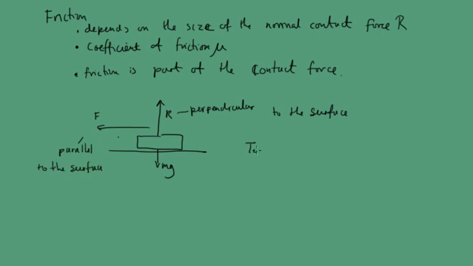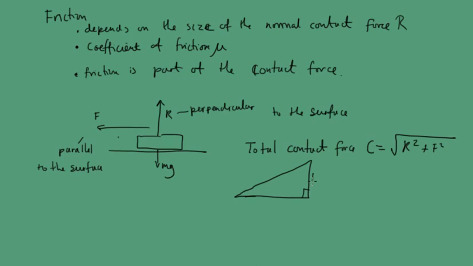So we can find the total contact force by using Pythagoras. So the total contact force, C, is going to be equal to the square root of R squared plus F squared. So we consider this is going to be R, this is F, friction, and this will be the contact force. Consider the vectors, and this will be some angle theta.